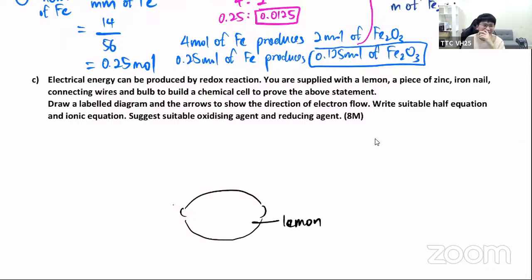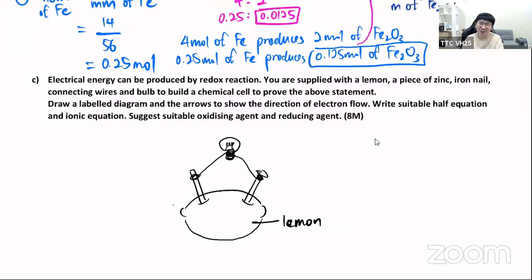Okay, so we're gonna put in your zinc, put in your iron. Zinc like that, and then iron nail like that. And then got connecting wire onto a bulb.